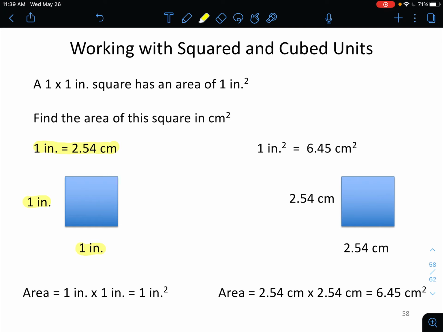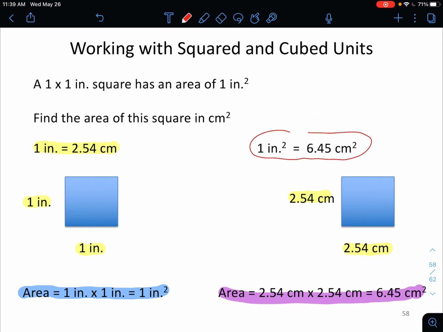And then we know if it's 1 by 1 inches, then it's 2.54 by 2.54 centimeters. So then the area in inches would be 1 inch squared, whereas the area in centimeters would be 2.54 times 2.54, so it'd be 6.45 centimeters squared.